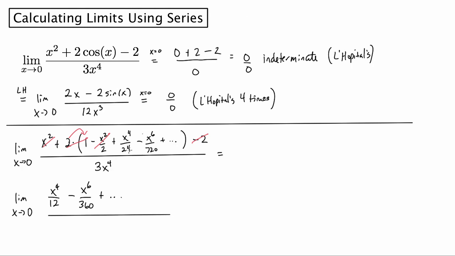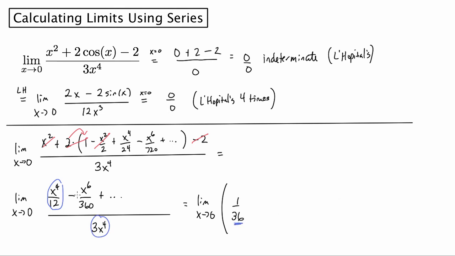And then in the denominator, you have this 3x to the 4th. One more step here, if I was to simplify that once again: x to the fourth divided by 3x to the fourth, and you've got the 12 in there, that's the same thing as 1/36. So if I take this term and divide it by 3x to the fourth, I get 1/36.